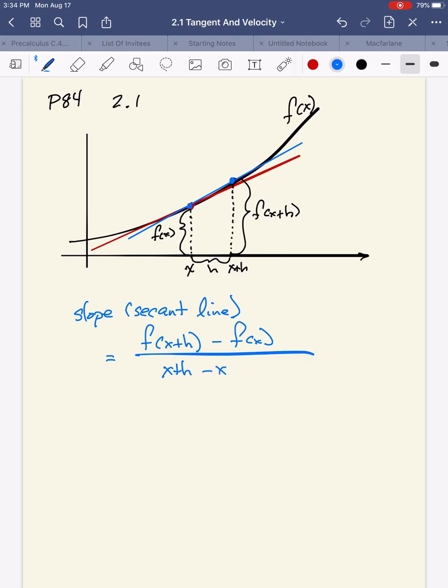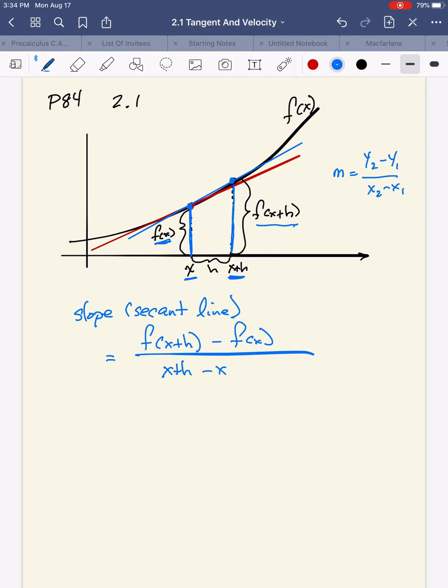Remember, the formula for slope, if you have 2 points, is the slope is equal to y2 minus y1 over x2 minus x1. Well, remember, y2 is this distance right here, f of x plus h, and y1 is this distance right here, f of x, and x2 is this x value, x plus h, and x1 is this x value, x.